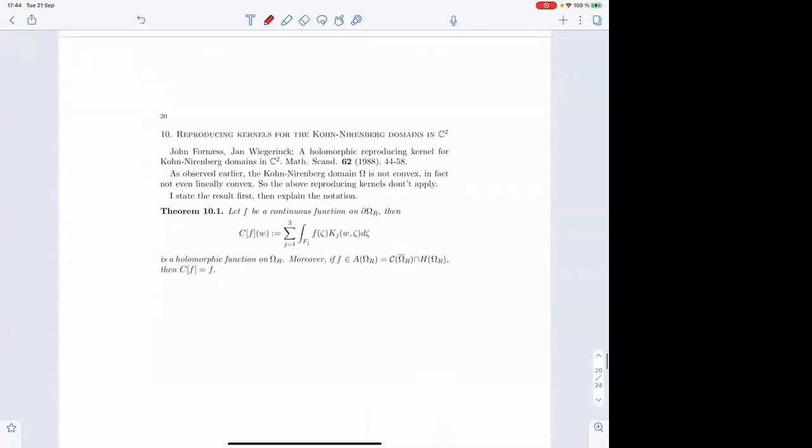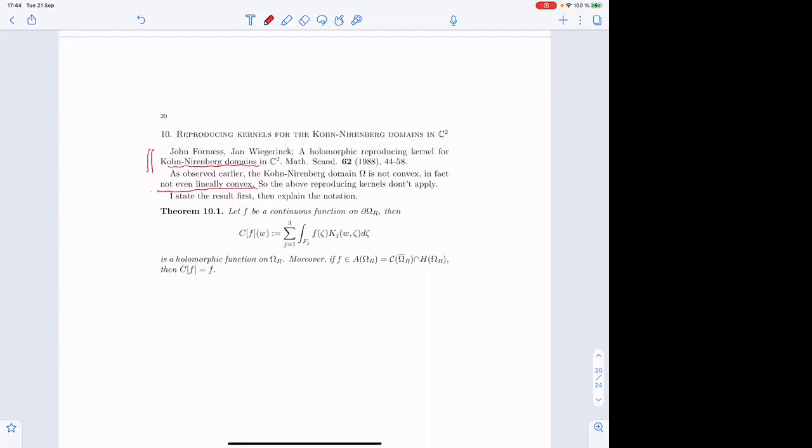Now I want to talk about the reproducing kernels for the Kohn-Nirenberg domains in C2. What is the problem? The thing is, this is a sort of, call it a Henkin-Ramirez reproducing kernel for Kohn-Nirenberg domains. So the Kohn-Nirenberg domain is not convex and not linearly convex. And it doesn't have these phis, right?